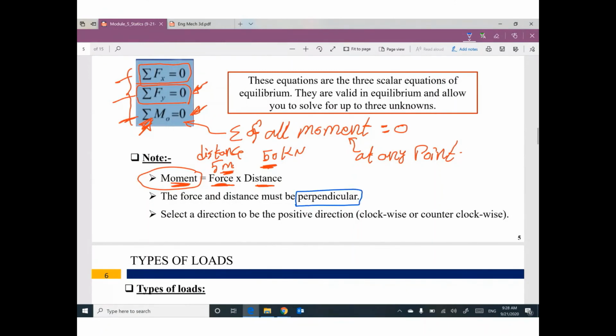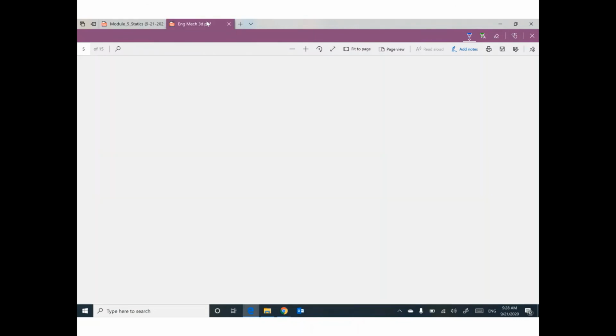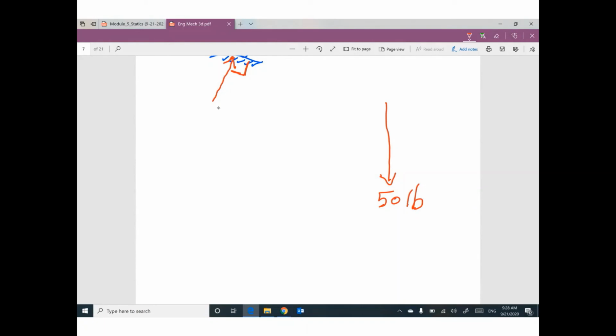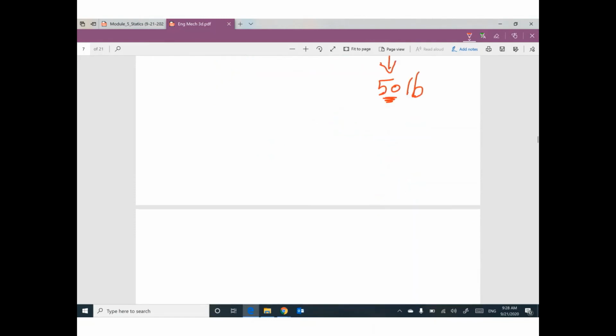I'm sorry, what do you mean by perpendicular? I mean, if you have a vertical force, like 50 pounds, your distance must be perpendicular to this force. So this distance must be horizontal, 5 feet. If you multiply 50 times 5, the product will be a moment. Or if you have a horizontal force like 20 kip, for example, your distance must be what?